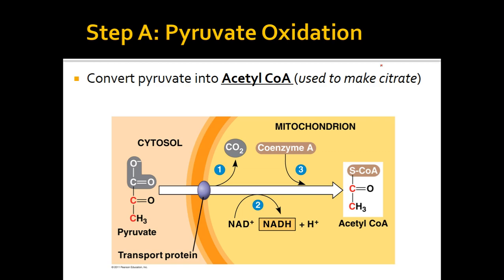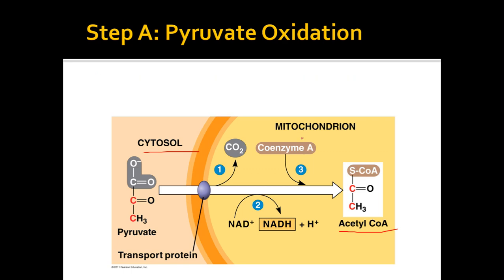All right, step A, pyruvate oxidation. In this step, pyruvate is converted into acetyl-CoA. So again, this is the same process we just did, from a different angle. So here we go. We've got pyruvate hanging out in the cytosol, the cytoplasm. That has gotten transferred and turned into acetyl-CoA inside the mitochondrion. I think on the last slide I said that happens before it goes into the mitochondrion.